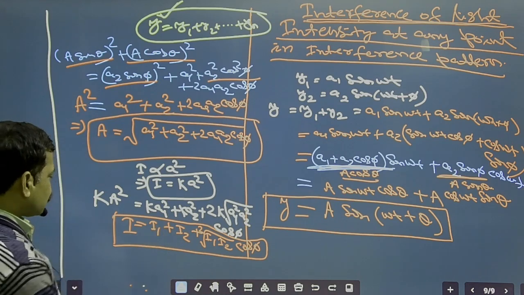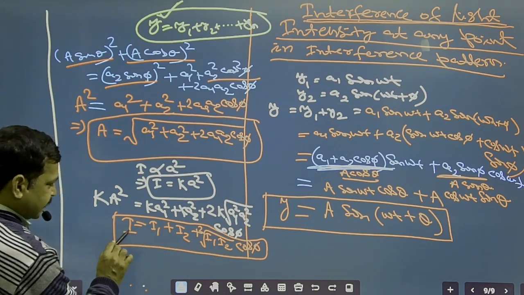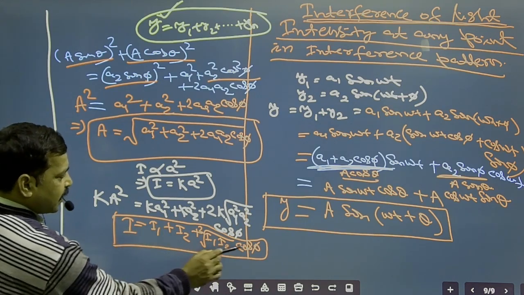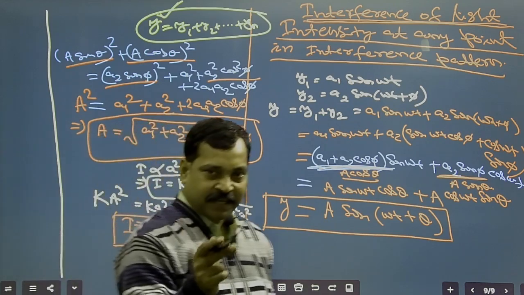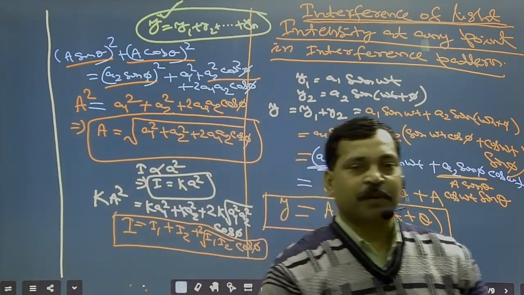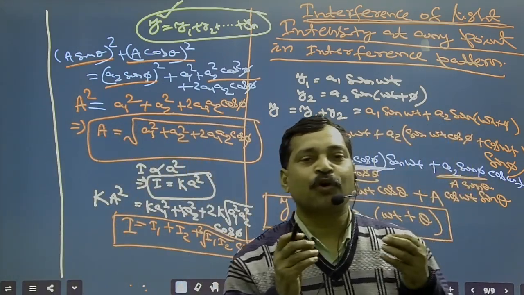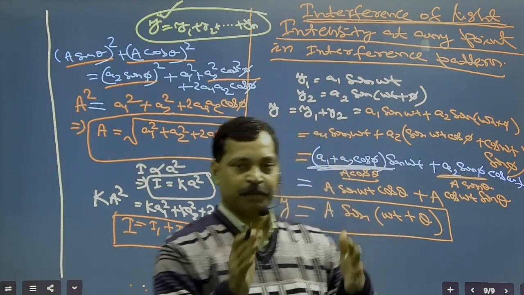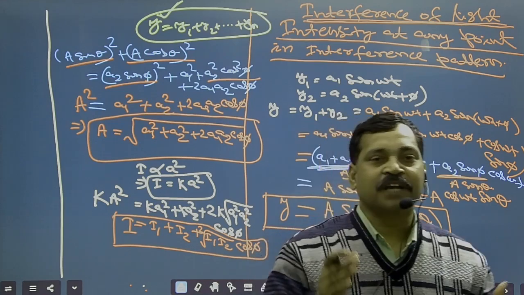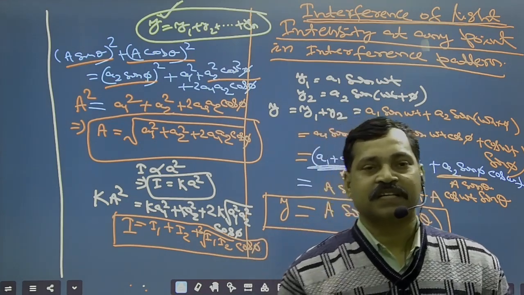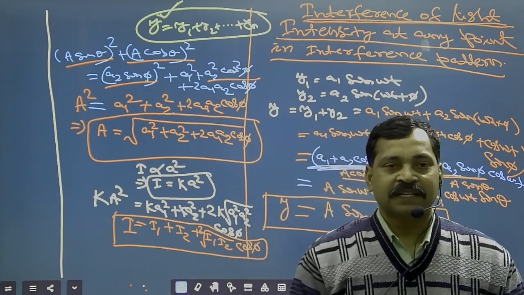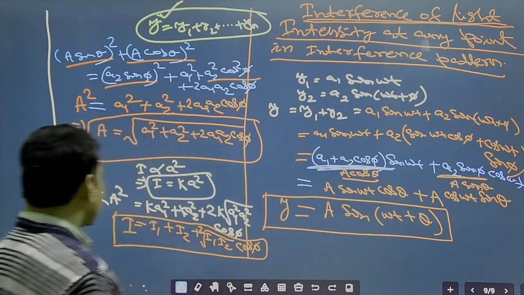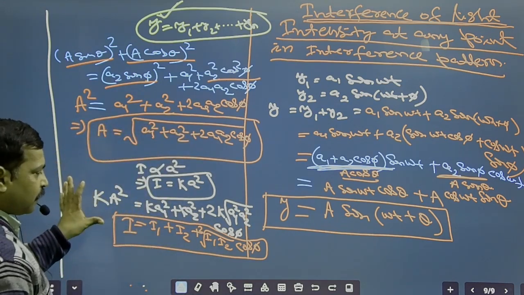Clear? So the intensity will be maximum when the value of cos phi is maximum, and similarly the intensity will be minimum when cos phi is minimum. When the intensity is maximum, that is constructive interference, and when the intensity is minimum, that is destructive interference.